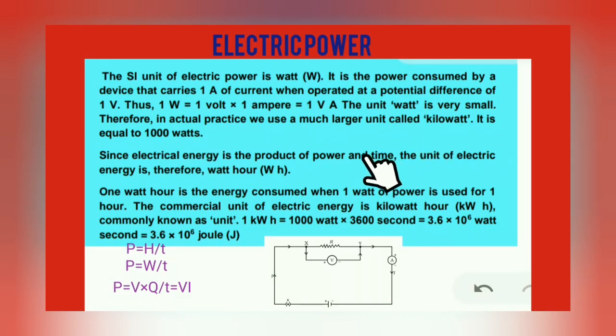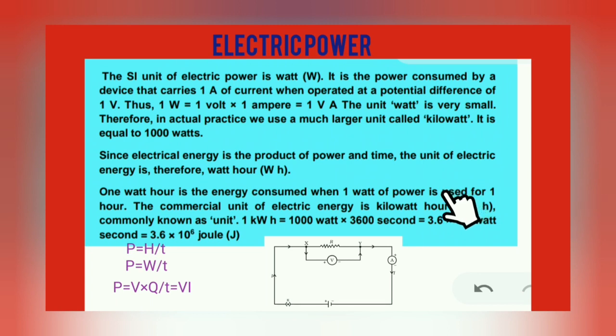Electrical energy is the product of power and time. So we can say that the unit of electrical energy is watt hour. So what is watt hour? 1 watt hour is the energy consumed when 1 watt of power is used for 1 hour.